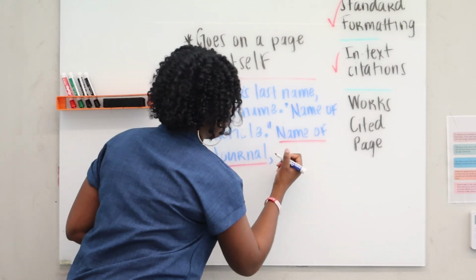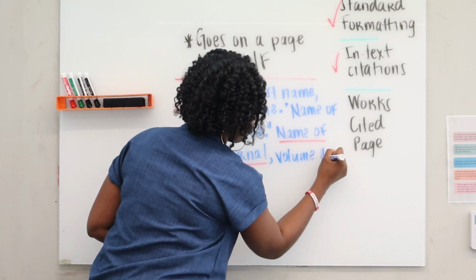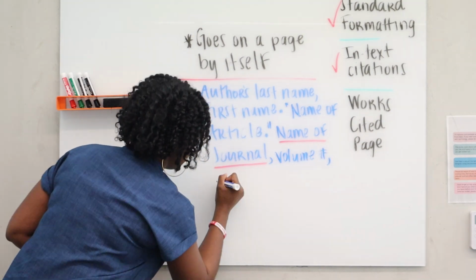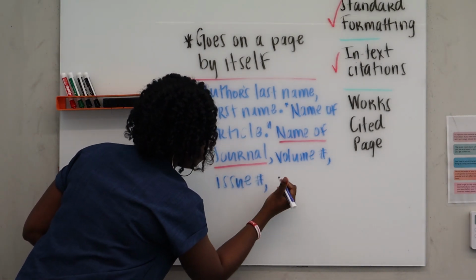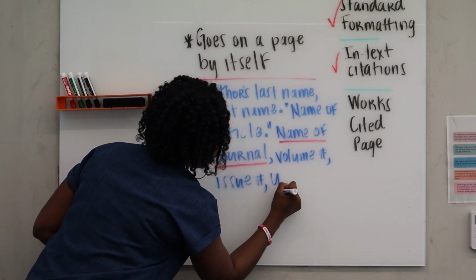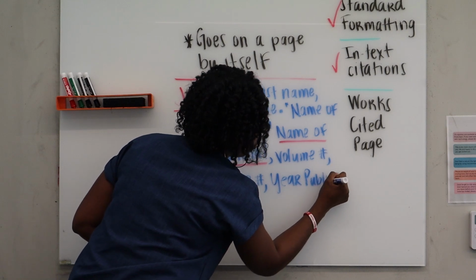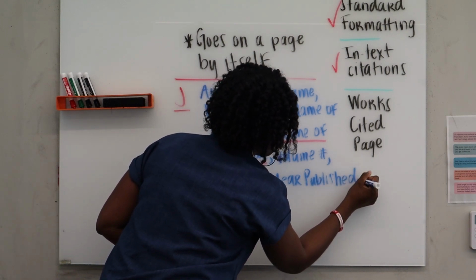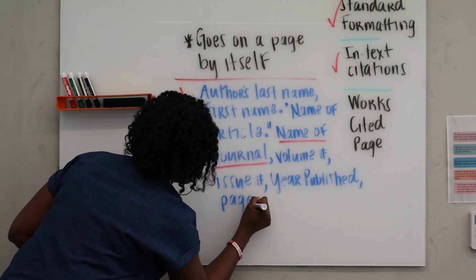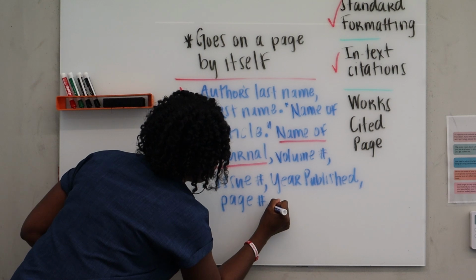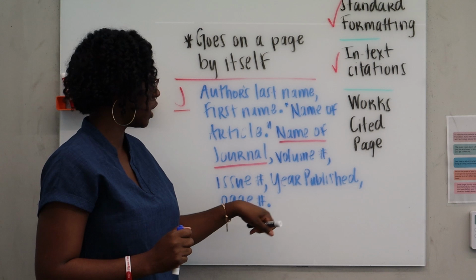After that, you're going to put the volume number, comma, the issue number, comma, the year published, so the year that the article was actually published in the journal, comma, and then the page numbers that the journal uses for this particular article.